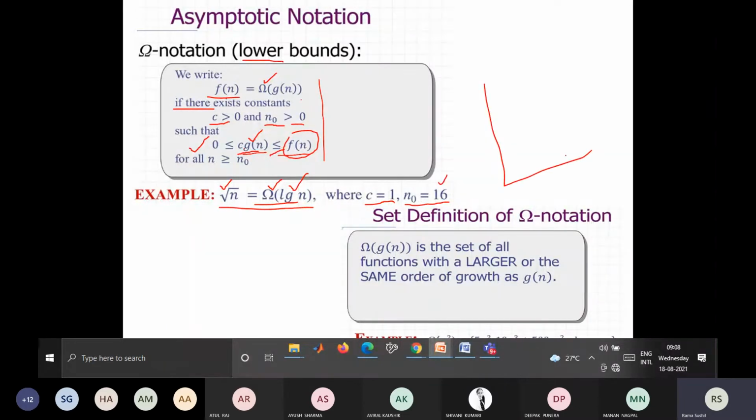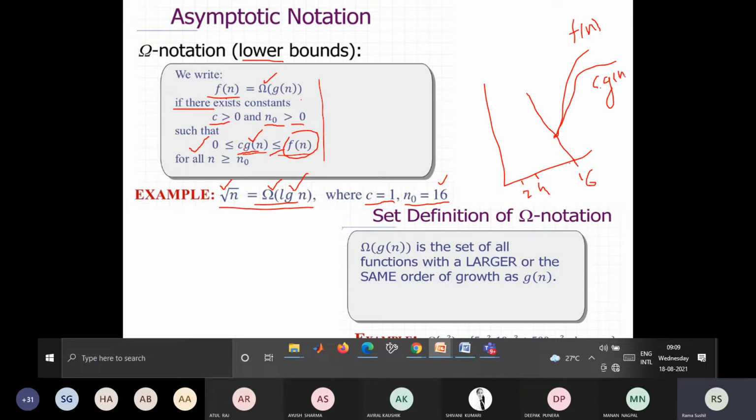Means, if your values are, let's say, 2, 4, 8, 16, and you put it here at 16, at this point only you find your f(n) is greater than or equal to c dot g(n).